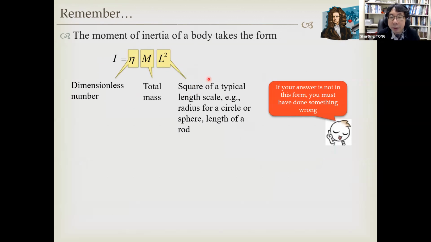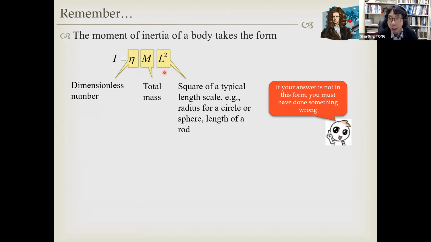Now remember, when we calculate the moment of inertia of a body, we will always get a formula of this form. The mass of the whole body is always involved, and there is a typical length scale. For example, if you consider a rod, L must be the length of the rod.